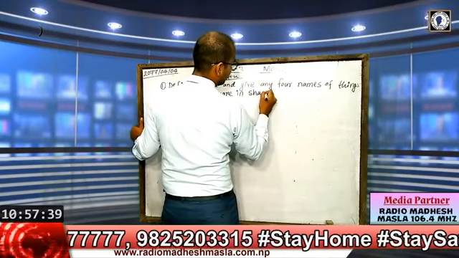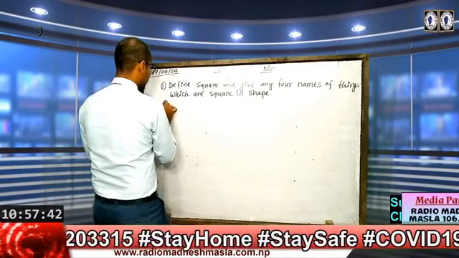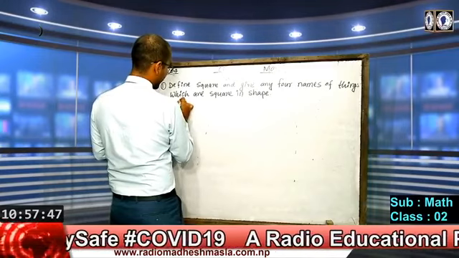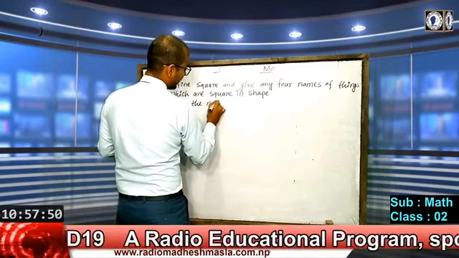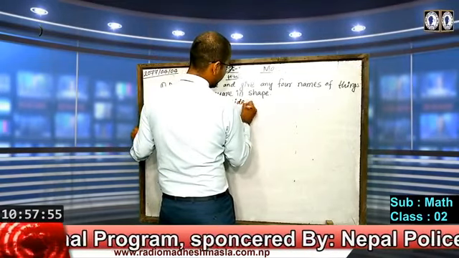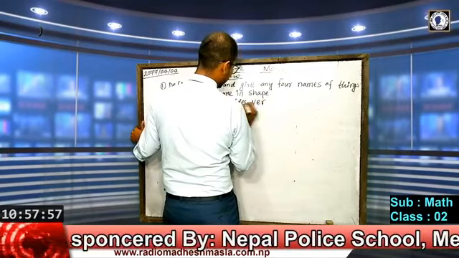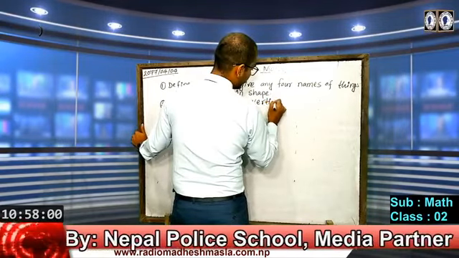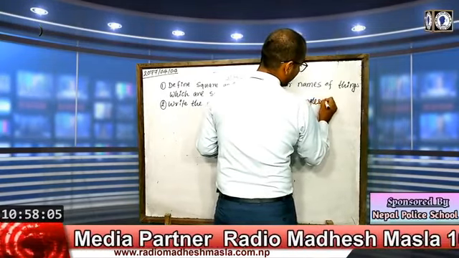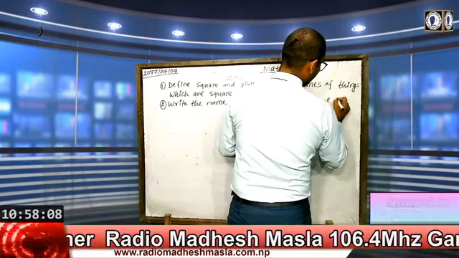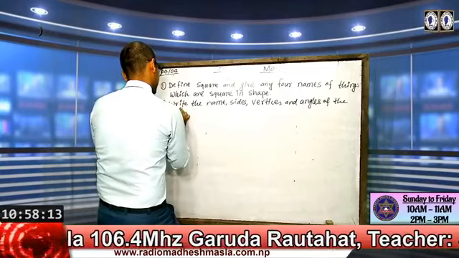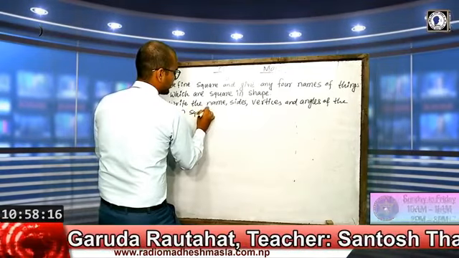In the same way, question number 2: write the name, sides, vertices, and angles of the given square.